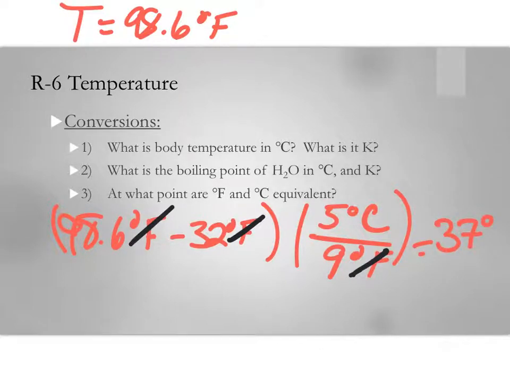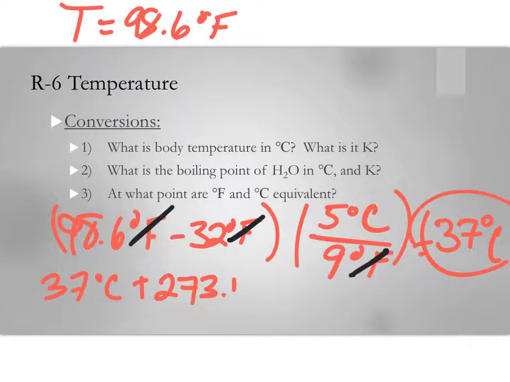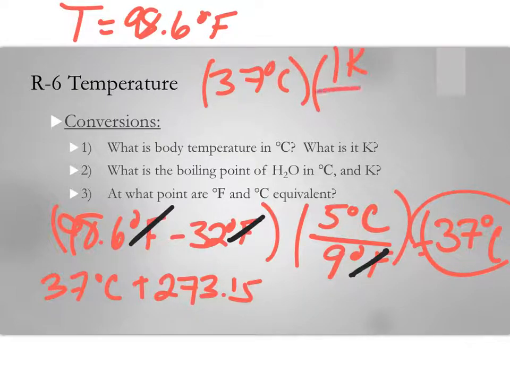37 degrees Celsius. To put that into Kelvin, you just add 37 degrees Celsius plus 273.15. Now in reality, it's 37 degrees Celsius times 1 Kelvin per 1 degree Celsius plus 273.15 Kelvin.